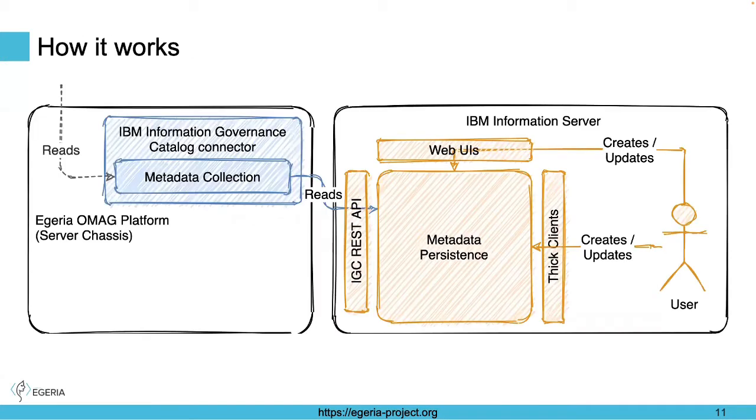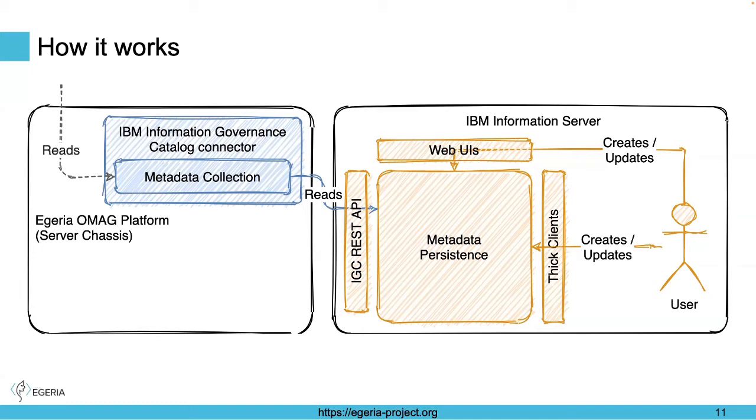It supports only one metadata flow: reading metadata from the third-party technology and exposing it. But it does not support the other way around, capturing and pushing metadata towards the third-party technology.